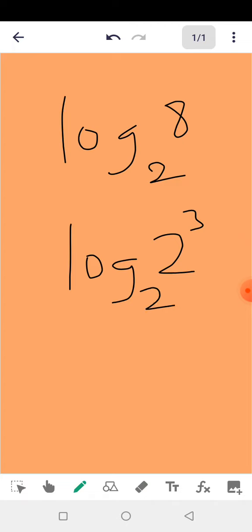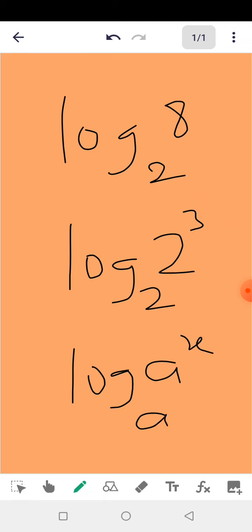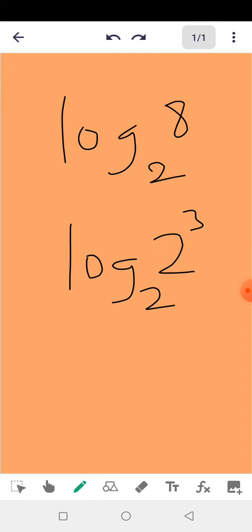Now this whole thing looks like log a raised to power x base a, and we said that gives us x. So log 2 raised to power 3 base 2 gives 3. Once you see this, you can just write equals 3 and you'll be correct.